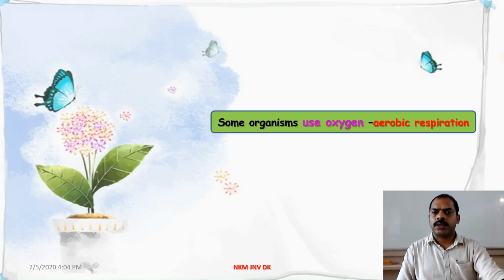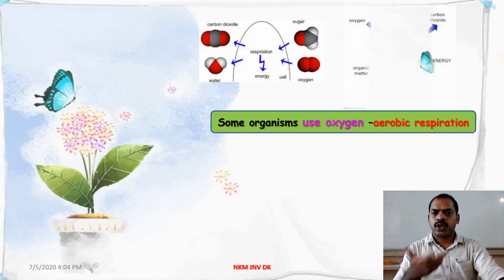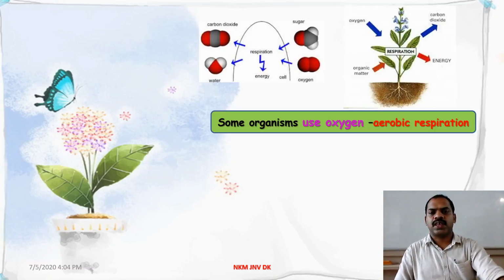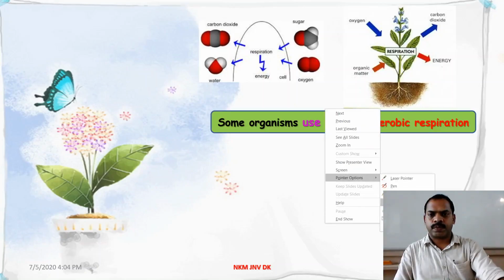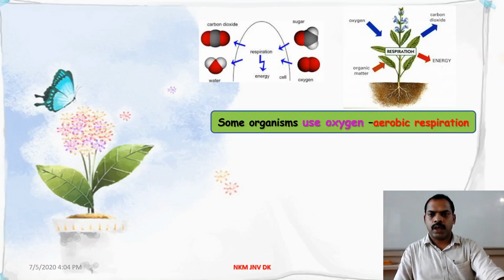But some other organisms do not use oxygen. The oxygen-using organisms you can see here, whether it is a plant or an animal, are using the oxygen and releasing energy.